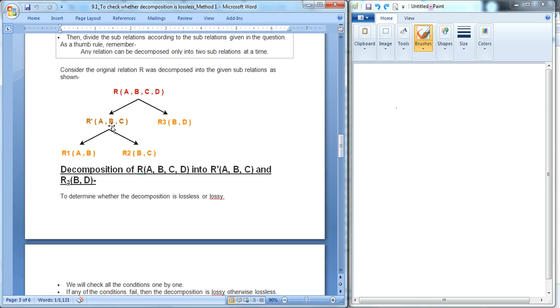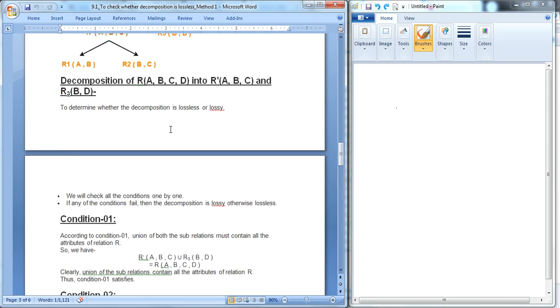Now this one is simply R divided into R dash and R3. R dash is ABC, and then again ABC is divided into AB and BC, and at the end it comes with the relations R1, R2 and R3. Now we will check the conditions one by one.